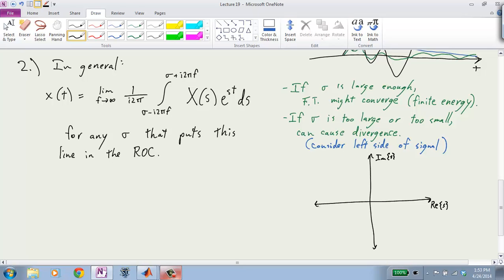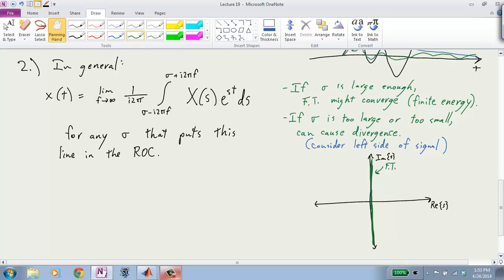What we have is, we've identified some things here. For example, this slice of it, the imaginary axis, this is the Fourier transform. Now remember, as you move along that slice, the value of this function is complex. So just take the values along this line, and that's your complex valued Fourier transform.